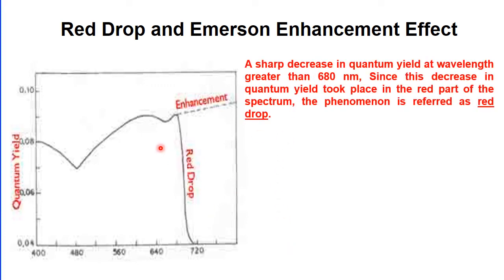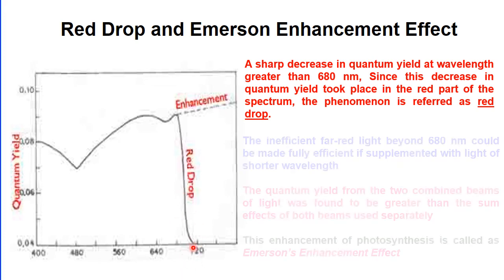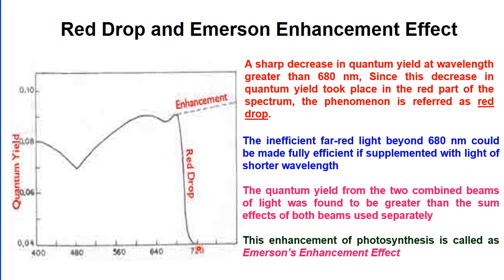So, there is a sharp decrease in quantum yield at a wavelength greater than 680 nanometer. Since this decrease in quantum yield took place in the red part of the spectrum, this phenomenon is referred to as red drop. Next, this inefficient far red light beyond 680 nanometer could be made fully efficient if supplemented with light of shorter wavelength.